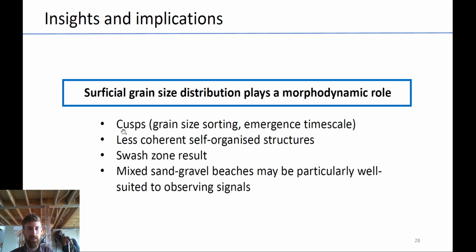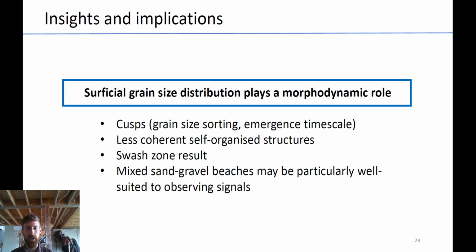And I think based on the results, particularly of this last section, I can say with confidence that they are, although it's only a small subset of conditions that lead to this spatially coherent, striking cusp structure, like the one I showed at the beginning.